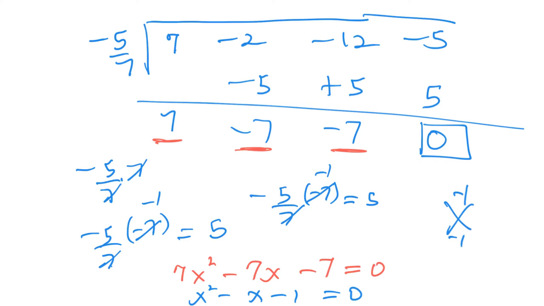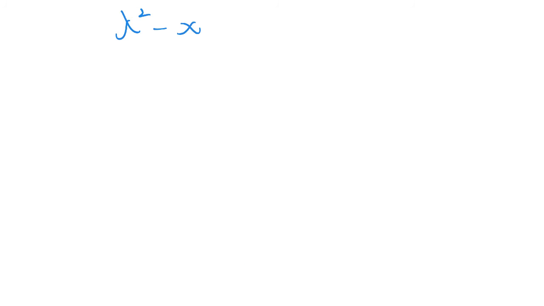So we're going to have to use the quadratic formula. Pardon me, we're going to solve x squared minus x minus 1 equal to 0 by using the quadratic formula. So we need to determine what a, b, and c are. A is the coefficient of the x squared term, which is also the leading coefficient.